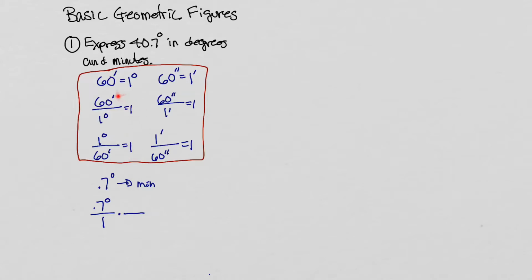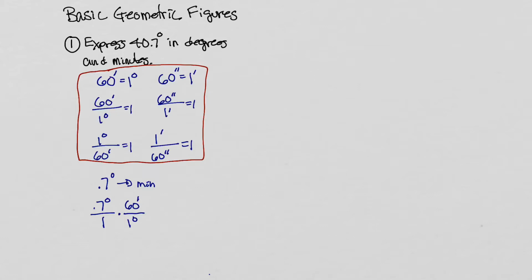So let's look at these converters here. We want degrees on the bottom. So here's a converter times 1. Here's a converter, 60 minutes to 1 degree. So let's multiply by 60 minutes to 1 degree.